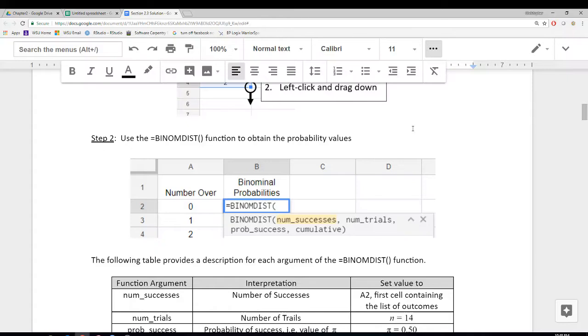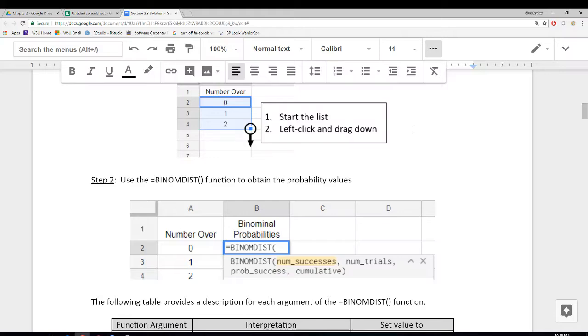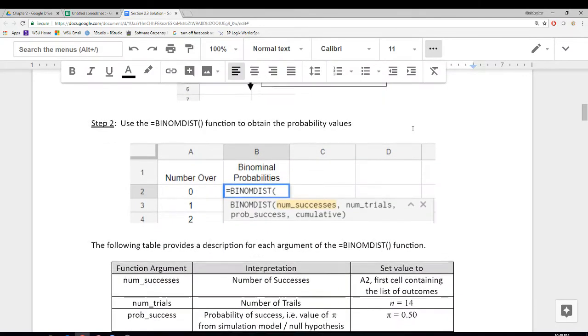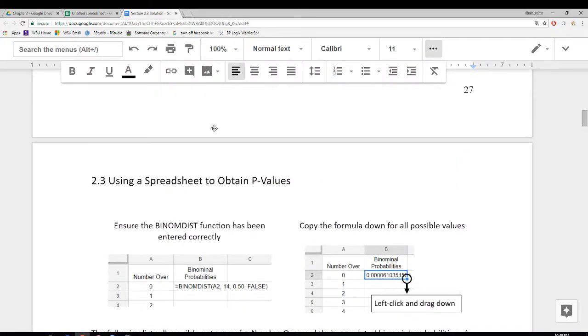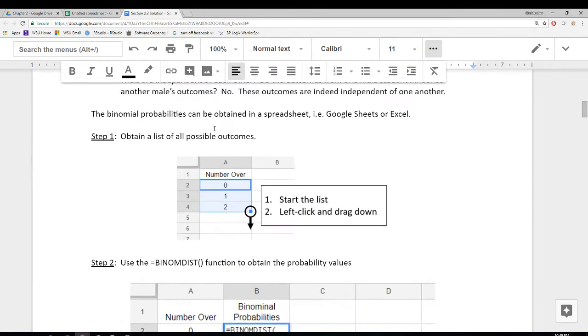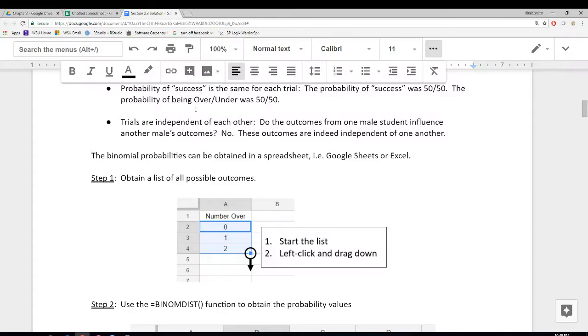I'm going to use Google Sheets and set up one of these. The result that we're going to be looking for is this list of probabilities here. I will also show you how to obtain a picture of that reference distribution inside of Google Sheets. The instructions are provided on these couple of pages here, but I think it's going to be easier to just go over to Google Sheets and walk through that with you. So let's go ahead and do that now.